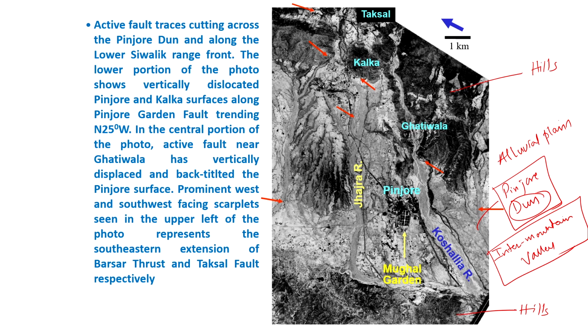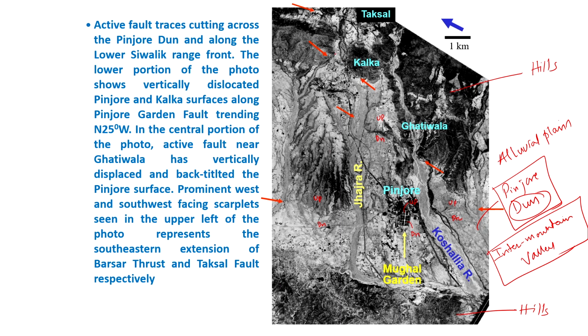Now if I put some information here, then this side is up, this is down, in terms of the elevation. This portion of the Pinjore Dun is up, this is down. Similarly, this is up, this is down. And here also, this portion is up, this is down.